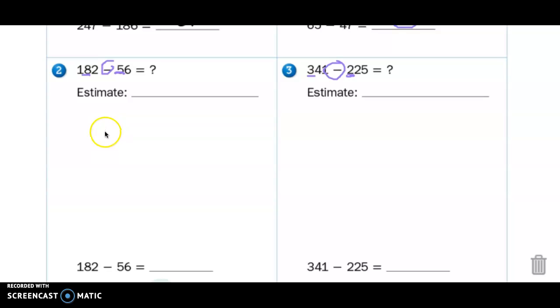Then I want you to set your numbers up how you would like to subtract. 182, take away 56. And this one you can say, 2 take away 6, can't do it. I go next door. You can do it your normal way. However, it makes sense for you to subtract. Set that up for both. You can use any strategy. All right.